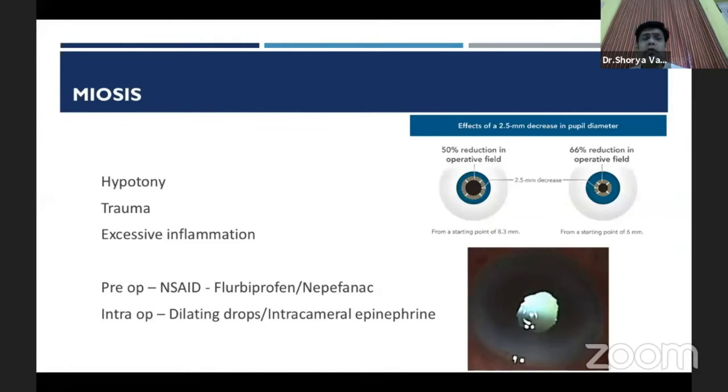Then again, you might encounter miosis, and just a 2.5 mm decrease in the pupil can decrease 50% of your field of view. Such cases are best prevented by giving preoperative non-steroidal anti-inflammatory drugs like flurbiprofen, or epinephrine. Intraoperatively, you can give dilating drops or intracameral epinephrine.